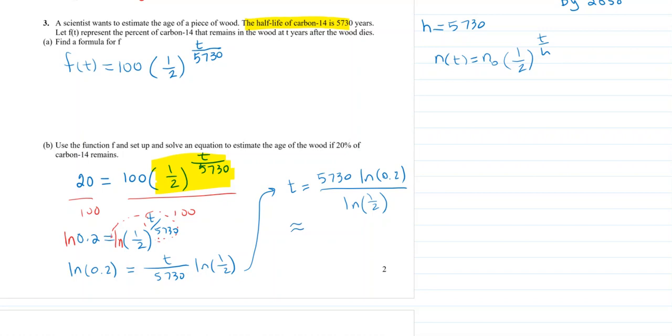When you put this in the calculator, you get approximately 13,000. And I would just round to the nearest year. I mean, we're talking about thousands of years. We don't need a fraction of a year. So about 13,305 years.